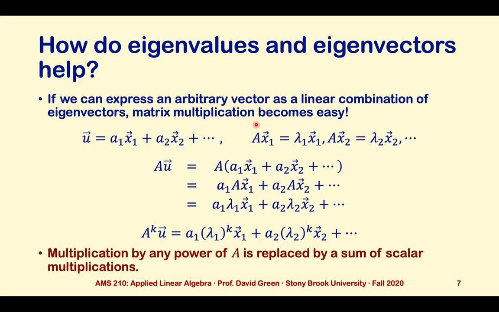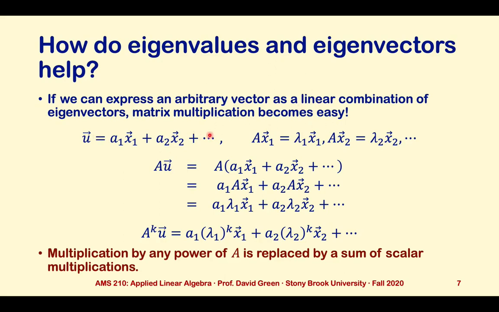It means that A times x1 is some lambda 1, some eigenvalue associated with that eigenvector, times x1. And A times x2 is some lambda 2 times x2, and so on. In this general form, lambda 1 will be different than lambda 2. These are different eigenvectors. They have different associated eigenvalues.